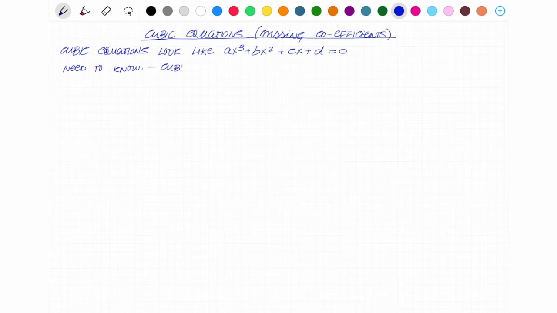First, you need to know that cubics have minimum one real solution, and that comes from the shape of a cubic. Remember that if I've got something doing this, at the very minimum, this is cutting the x-axis once.